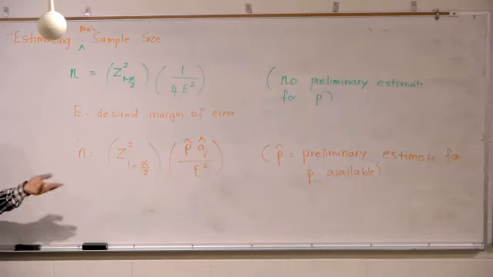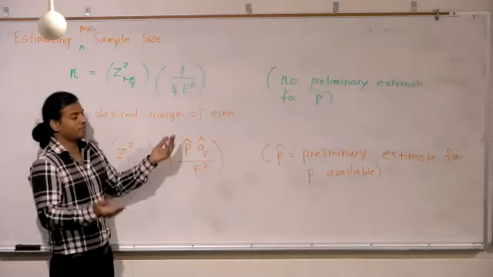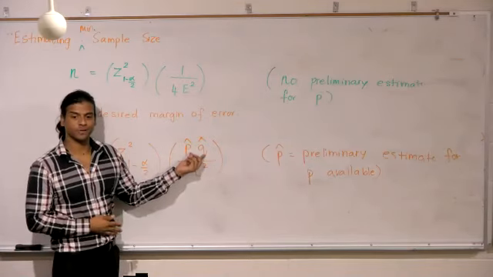If you don't know a proportion, what is a good guess that you would go with? If you don't know a proportion of something, what is a good guess? If something is random, 50% chance. 50-50 chance, right? So I would just assume p hat to be 1/2, which would mean q hat is 1/2.